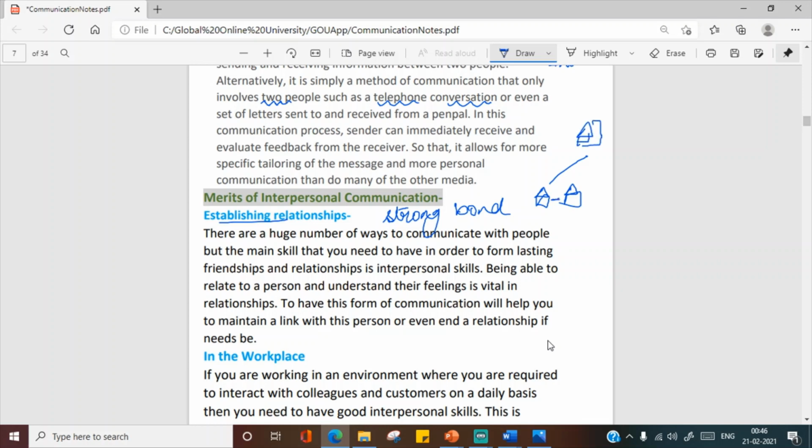The person who lives nearby, you are definitely going to have interpersonal communication with more because you are living close by. Interpersonal communication helps you make a strong bond with the other person, while the person who is far away, when you do not speak to that person, the bond or the friendship decreases. So for establishing relationships, interpersonal communication is very important.